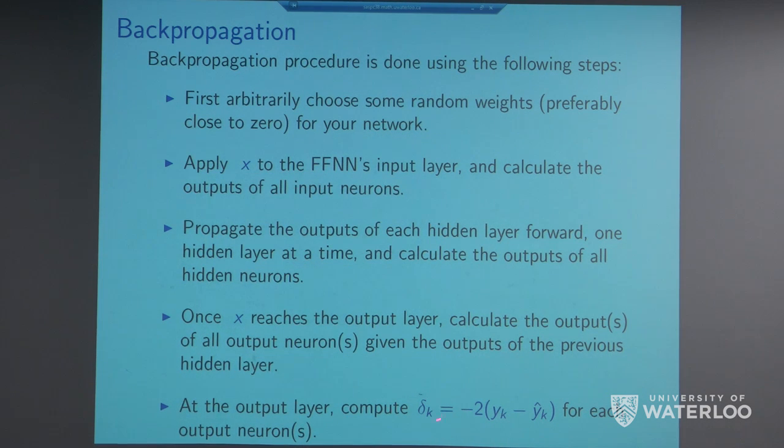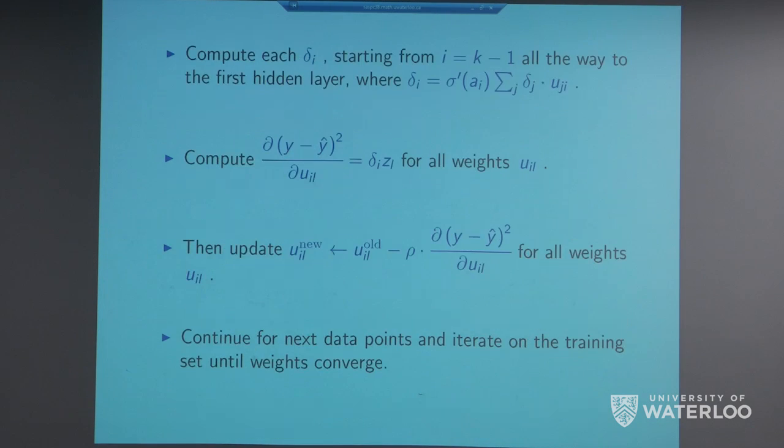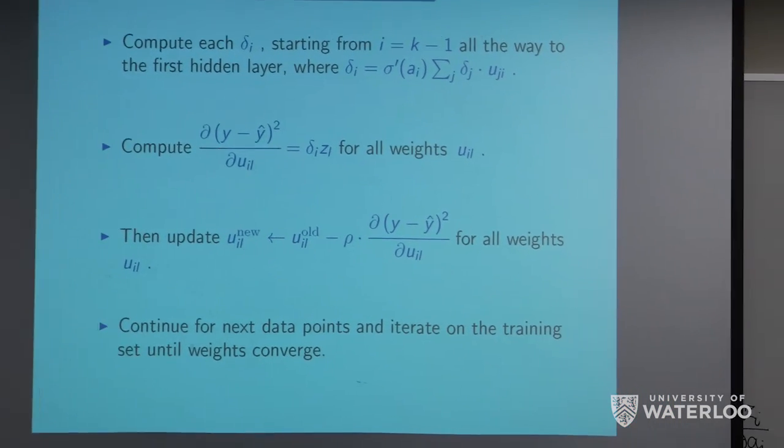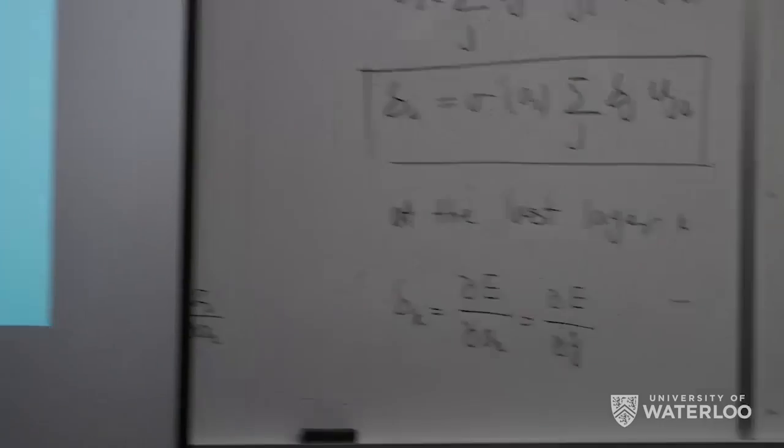Now, you can compute delta K because you know the output. Knowing delta K, you can compute any delta I for all i's less than K. For layer K minus 1, layer K minus 2, basically the previous layers, for any layer, you can compute delta I. Because delta I is simply the derivative of the nonlinearity function that you apply to each perceptron, which could be the logistic function, or hyperbolic, or many other types of nonlinearity.